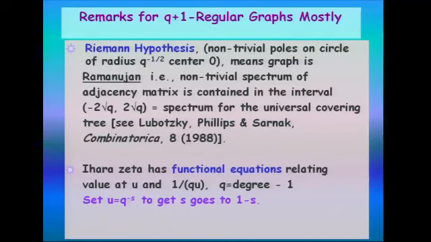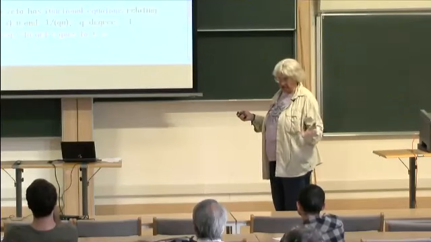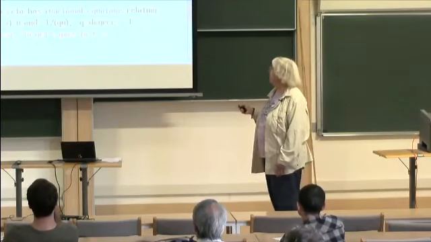And that is equivalent to saying the graph is Ramanujan, meaning the non-trivial spectrum of the adjacency matrix is contained in the spectrum of the adjacency operator on the universal cover, the tree.